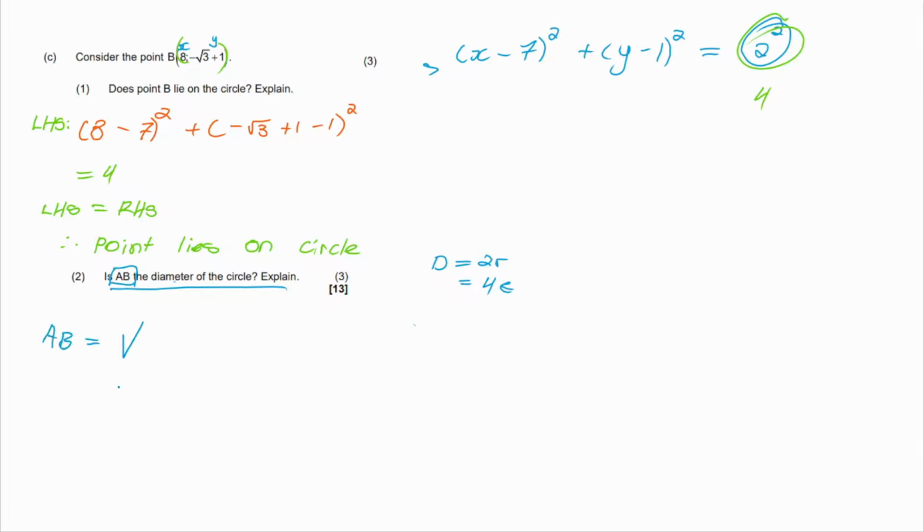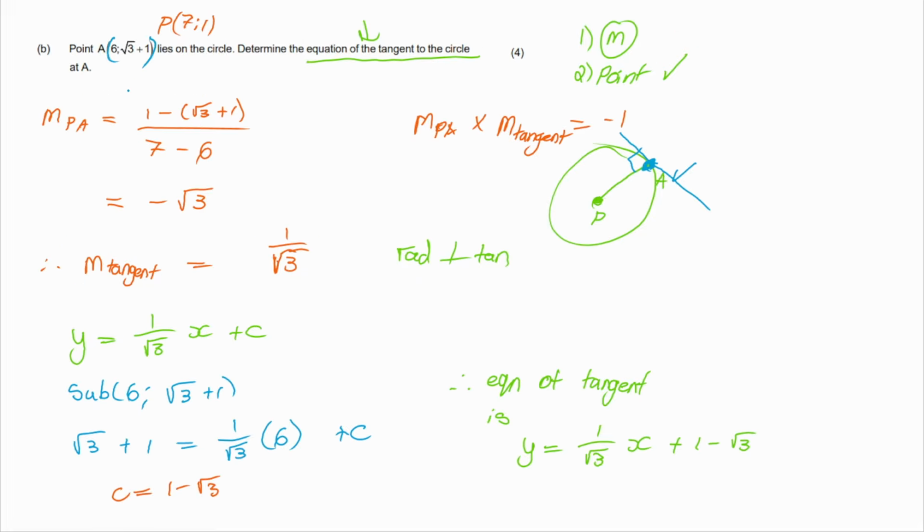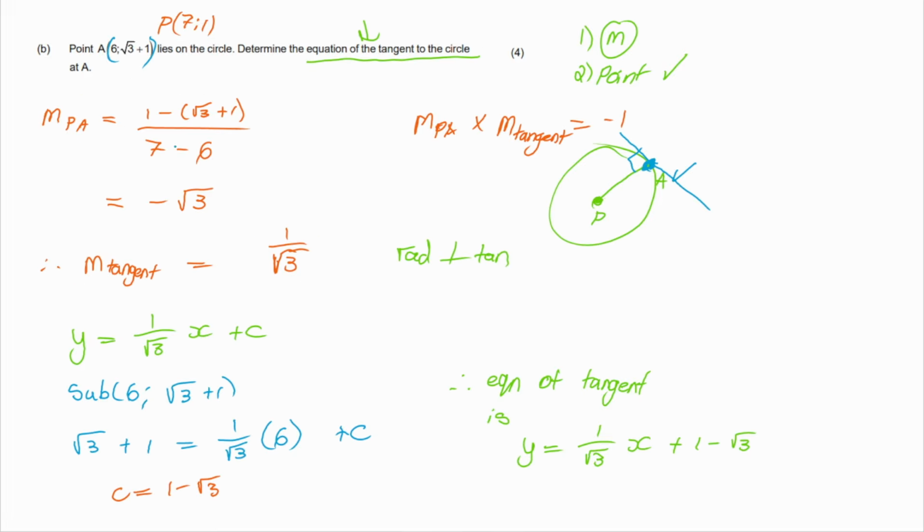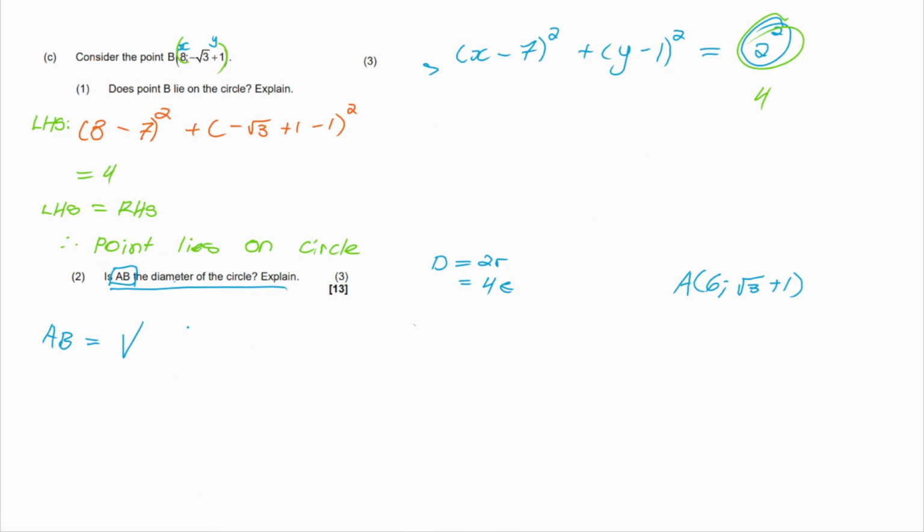So the coordinates of A were given here, 6 and root 3 plus 1. Let me just confirm that. Yes, perfect. If we work out this distance, it's going to be 8 minus 6 squared plus, what we're going to have is root 3 plus 1.